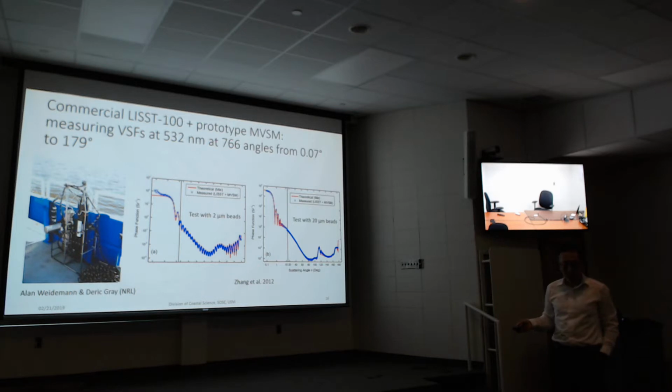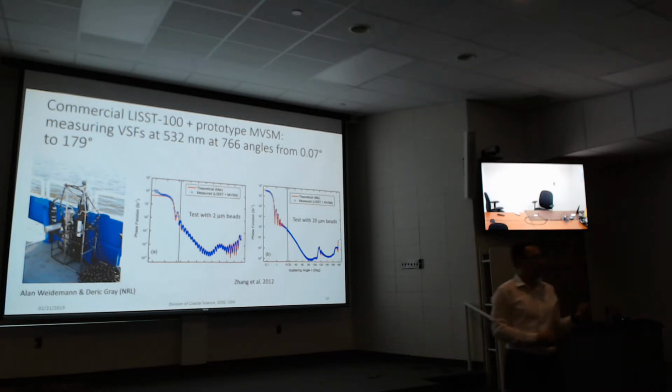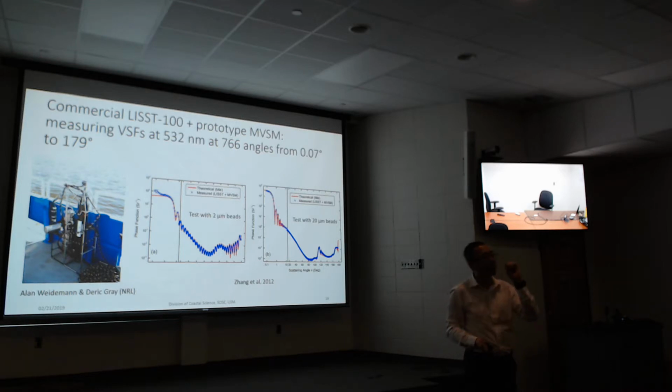We use these two combined, the MVSM and the LISST-100, to measure. And now in the lab, we validate whether the measurements are good. How do we do this? We put in standard spheres. With standard spheres, we know the spherical particle and we know its exact size.